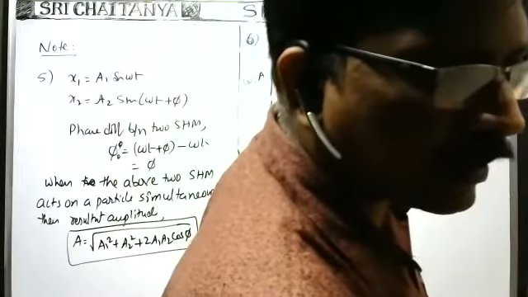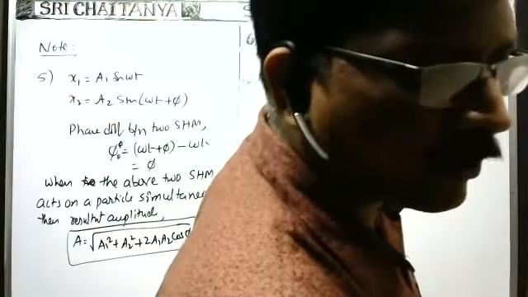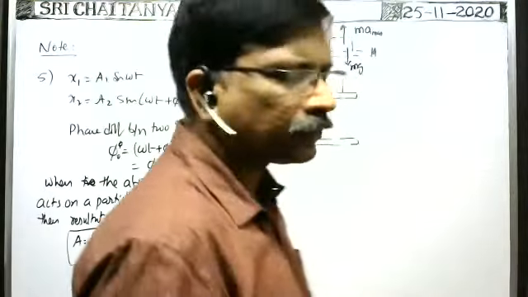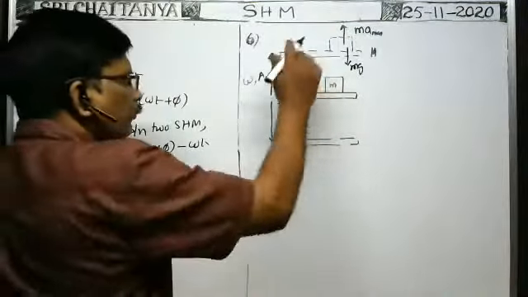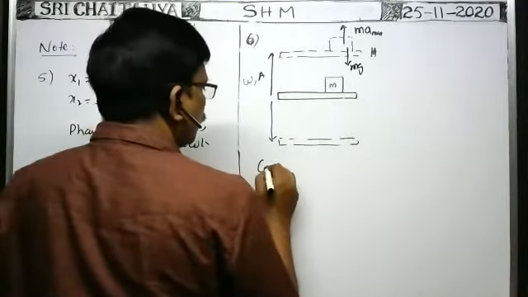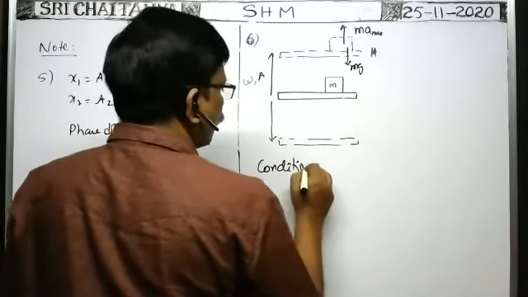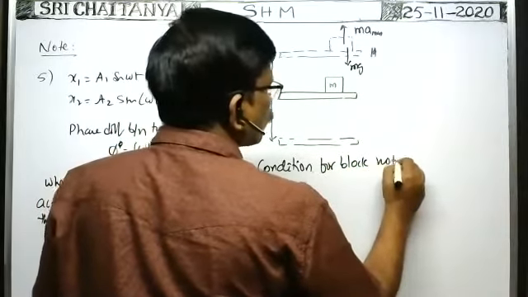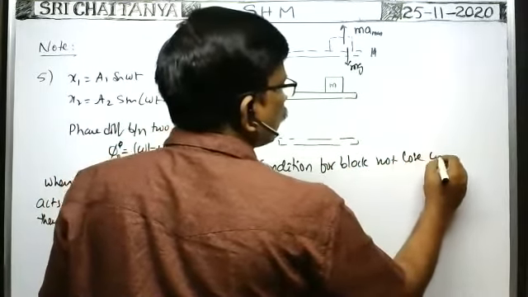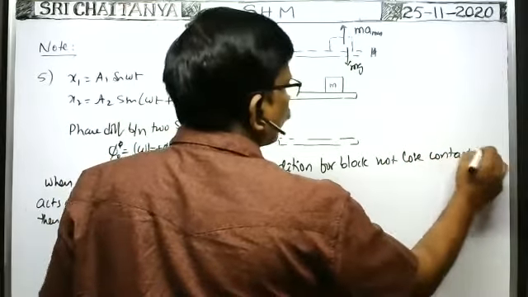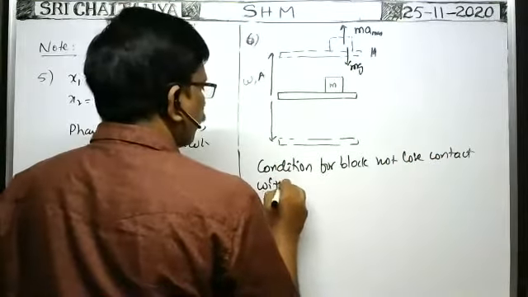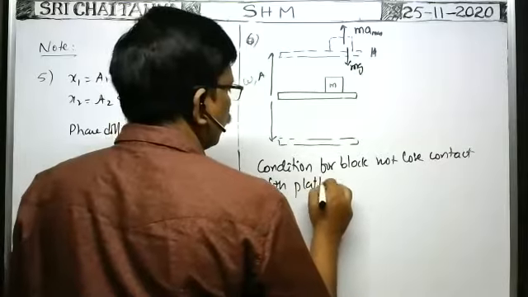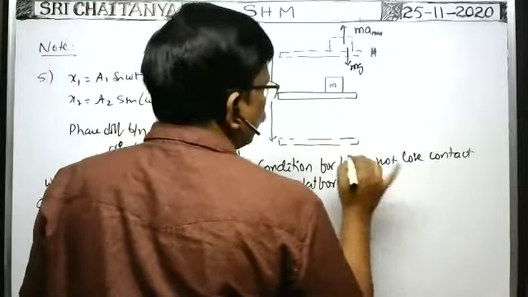So tell me, what is the condition for the block not to lose contact with the platform?